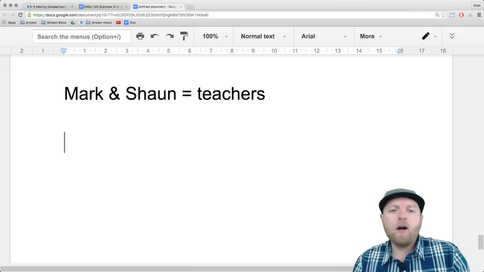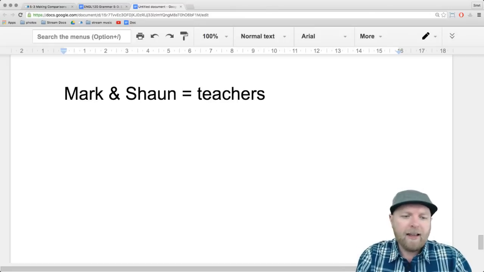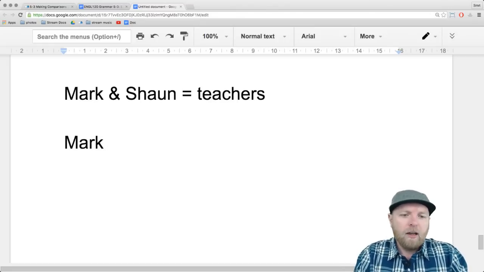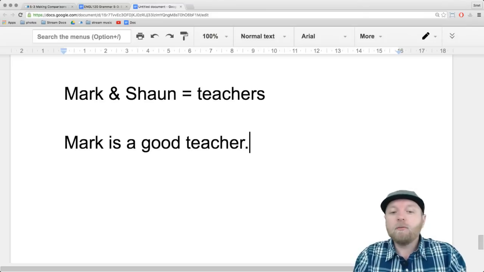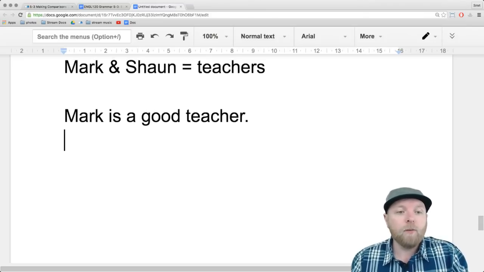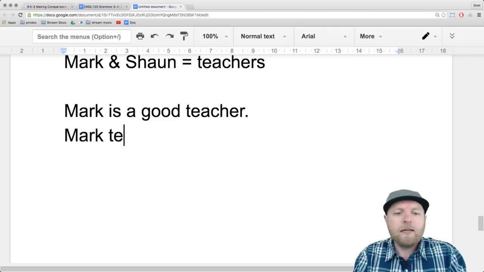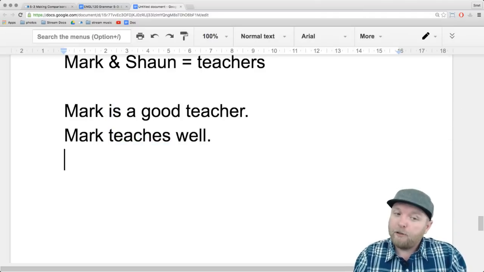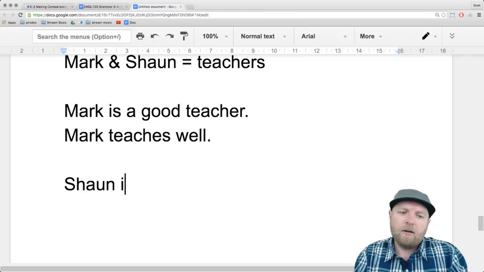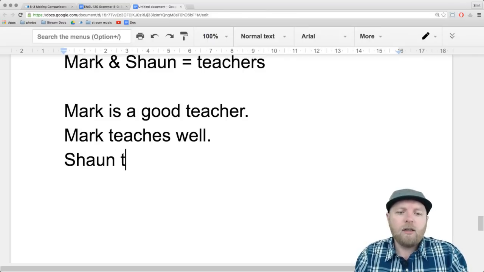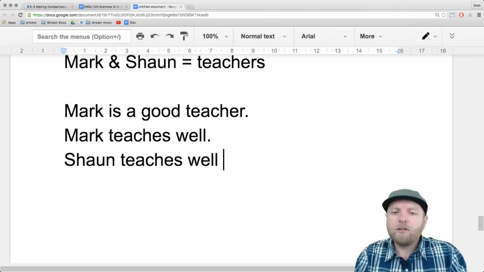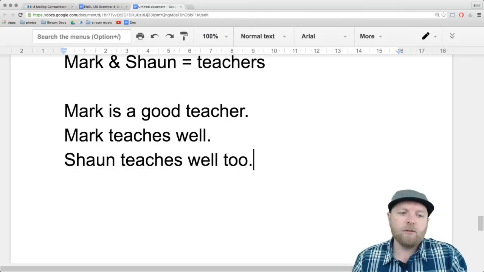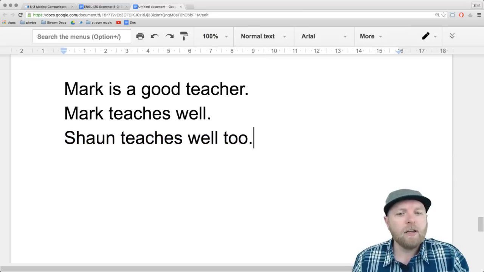Anyways, Mark and Sean are teachers, right? I think my students tell me Mark is a good teacher, okay? I hope. So what does that mean? Mark teaches... okay, this is a linking verb, right? But this is not a linking verb, so we need an adverb. But Sean, let's put this here. Sean teaches well too. Okay, I say Google likes this sentence, right?